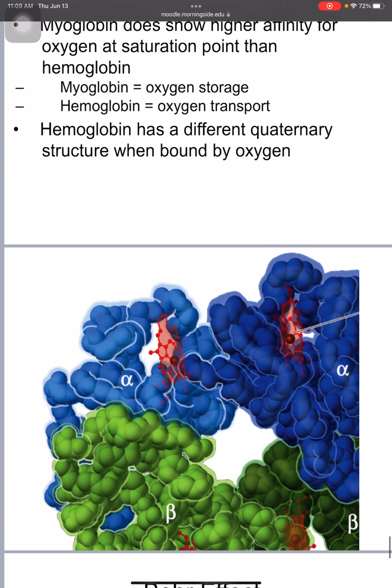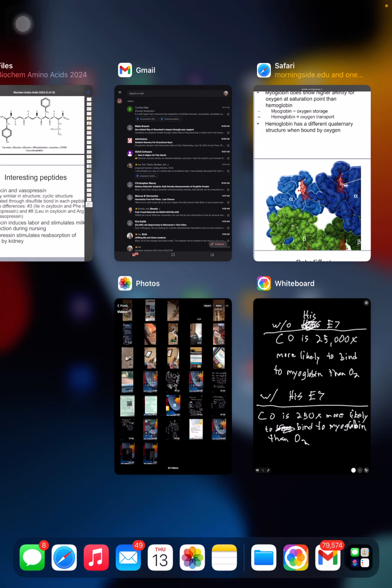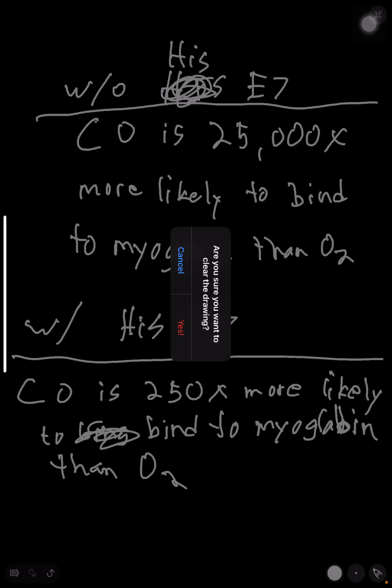All right. One interesting thing that we see with hemoglobin is that pH, acidity or basicity of its surroundings, can also play a part in its affinity for oxygen. All right, so if you have hemoglobin and you have it in a more acidic environment, this is what happens.